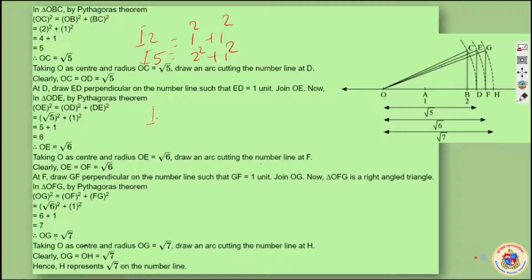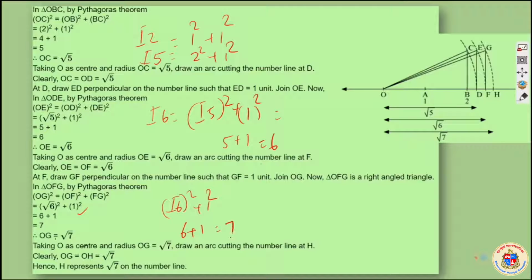In order to get root 6, you will be having root 5 already, which you have got, plus 1 square, which is equal to 5 plus 1, 6. In order to get 7 square, you have already got root 6 square plus 1 square, which is equal to 6 plus 1.